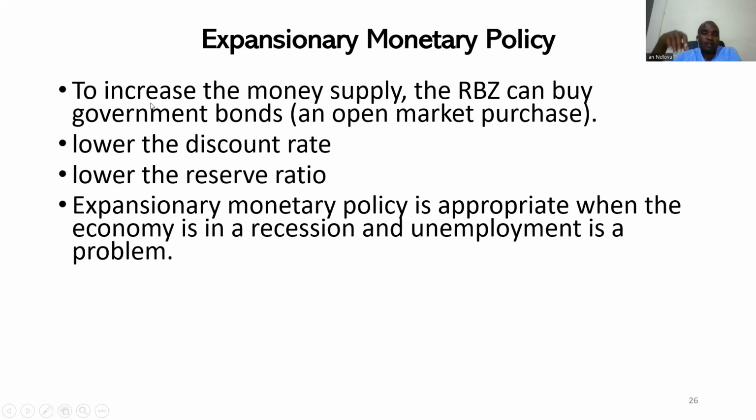Expansionary monetary policy can be operationalized by increasing money supply, lowering the discount rate, or lowering the reserves ratio. All of these three policy instruments have the effect of increasing money supply. When the economy is in a recession or experiencing a persistent unemployment problem, it makes a lot of sense to implement expansionary monetary policy.